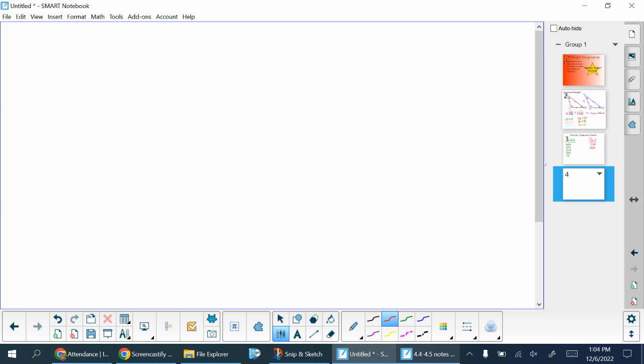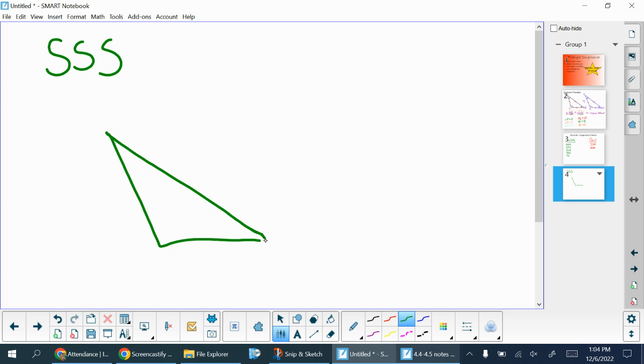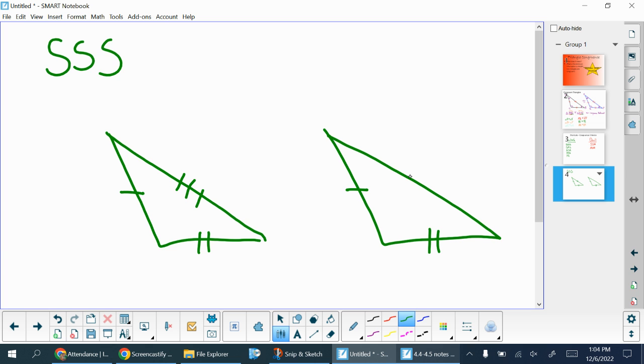When we talk about SSS congruence, what we're really saying is that if I have 2 triangles where I know all 3 pairs of sides are congruent to each other, so this side is congruent to this side, and this side is congruent to this side, that's enough information to know that these 2 triangles as a whole are congruent to each other. 3 sides is enough information.